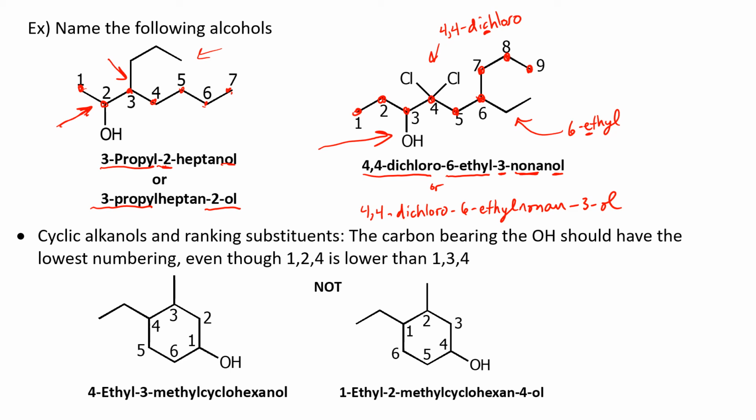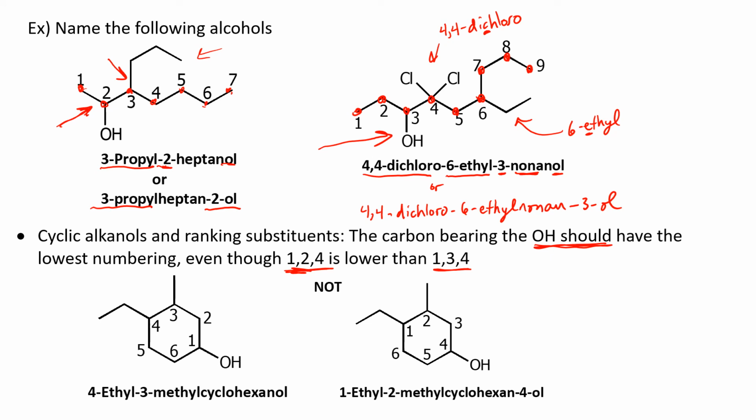And when we have a cyclic alkanol, the carbon bearing the OH should have the lowest number. All right, so we're going to look at this next example, even though a 1, 2, 4 is lower than a 1, 3, 4. In this case, we have a cyclic alcohol.